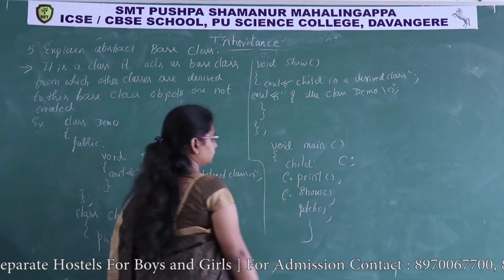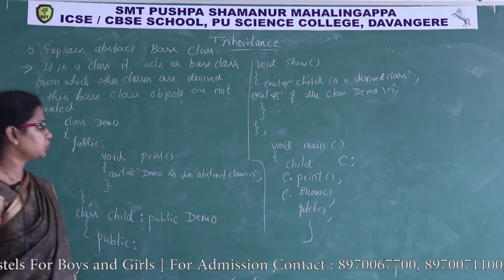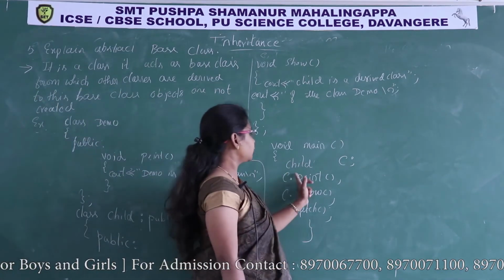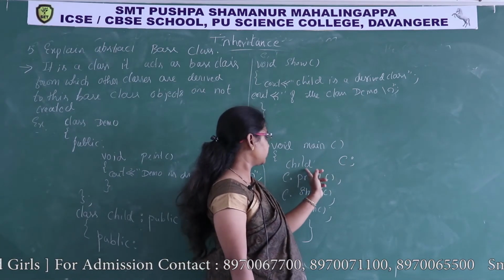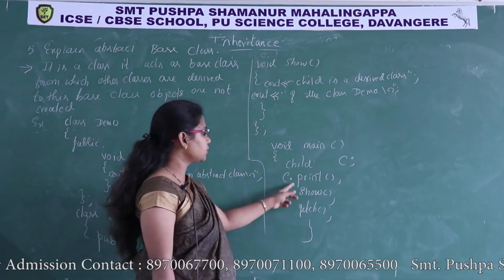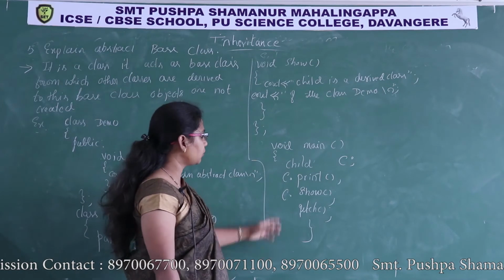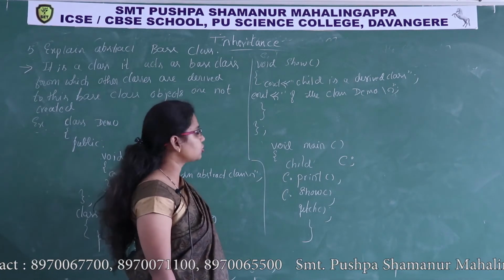When you concentrate on main function, what you can understand? Child is a class. There is only one class, child. From this class I have created object. Through the object of this class I called these two functions. What do we think about this? There are two functions and these two functions belong to the class child.